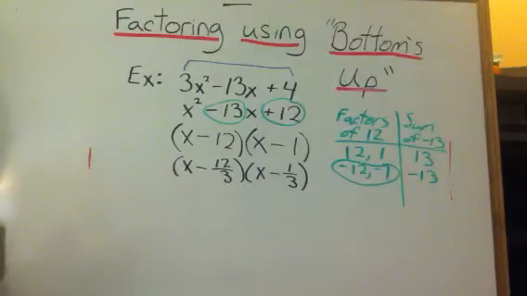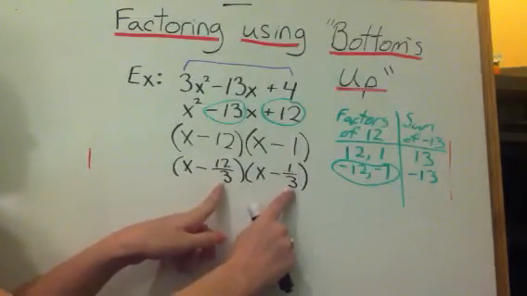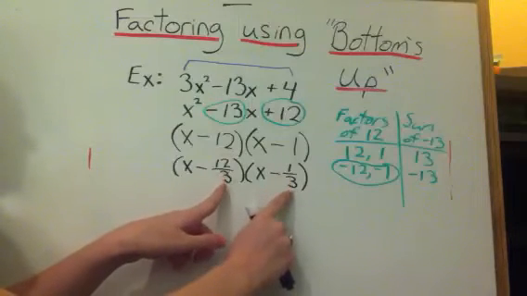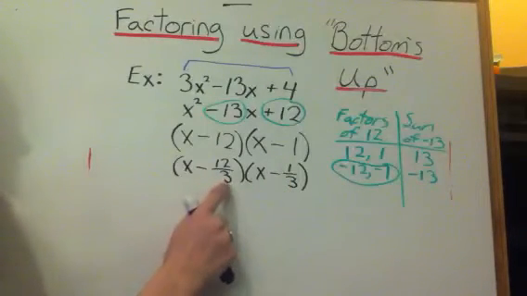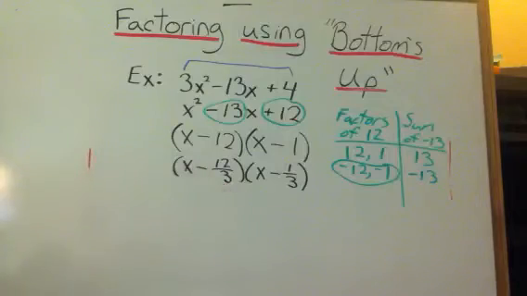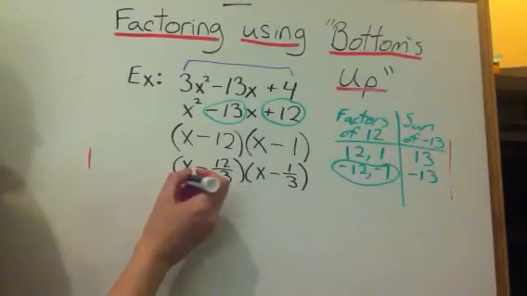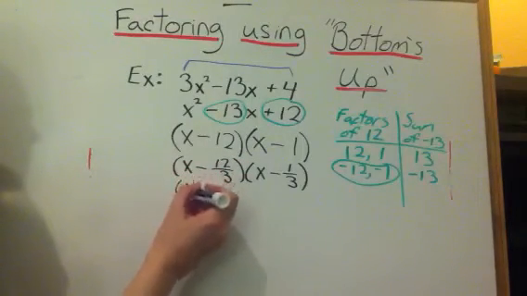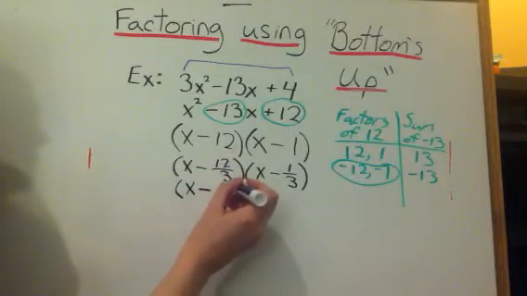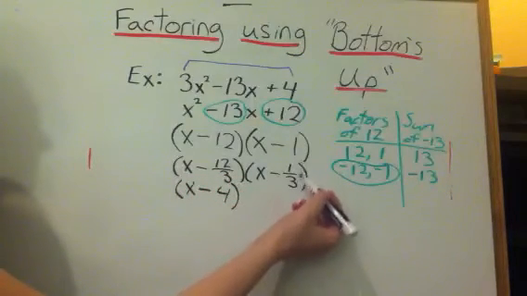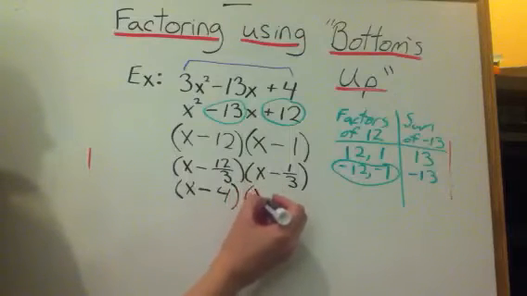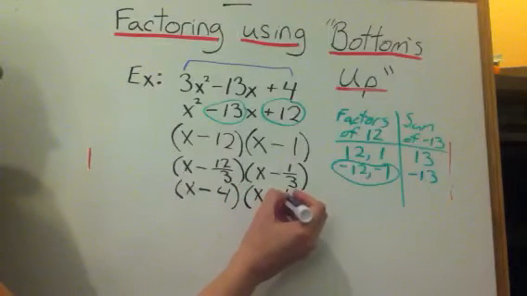After you have your fractions here, always check to see if one of them or both of them can simplify. In this case, this 12 over 3 can simplify. 12 divided by 3 is 4. So we rewrite this as x minus 4. 1/3, we can't simplify this anymore, so this just stays x minus 1/3 for now.